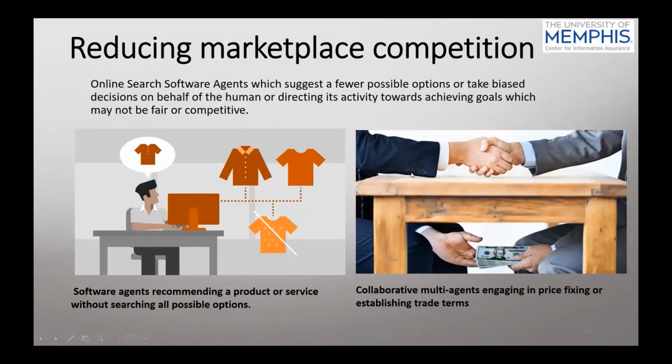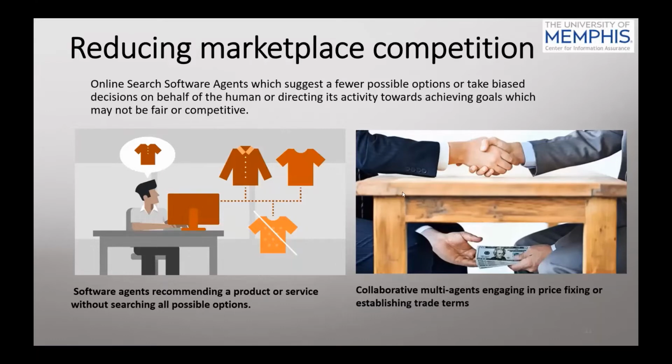Here is another situation. People negotiate and make deals in the physical world, and negotiations happen, and there is a contractual agreement, and everything happens in the physical world. But assume that there are collaborative agents making decisions and fixing prices or establishing trade terms not in a proper way, and that can cause a serious effect on the receiver side.